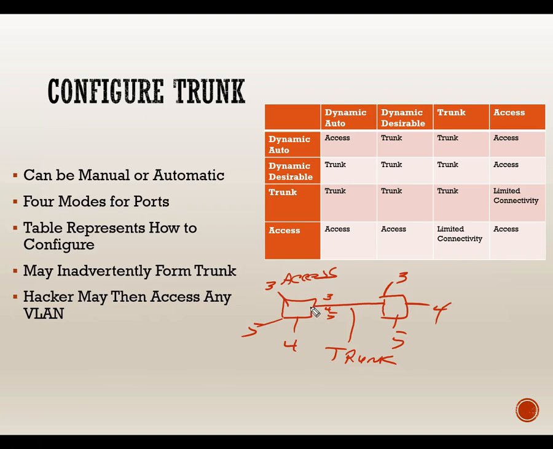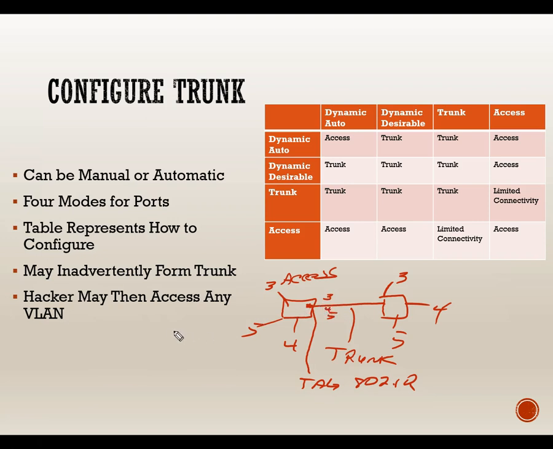What we're going to do, and we have some more images here, I tend to get ahead of myself, but as we leave the switch, we're going to tag the frame with a VLAN number using a protocol called 802.1Q. So as it leaves the switch on the trunk port, it gets tagged 3, 4, 5.